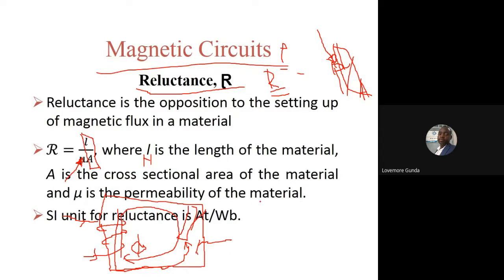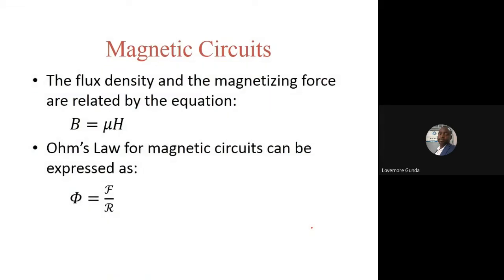Mu is the permeability of the material which makes up the magnetic circuit, and the unit is ampere turns per Weber, which is MMF over phi, as we saw. The flux density and magnetizing force are related by the equation B equals mu H, so B divided by H is equal to mu.